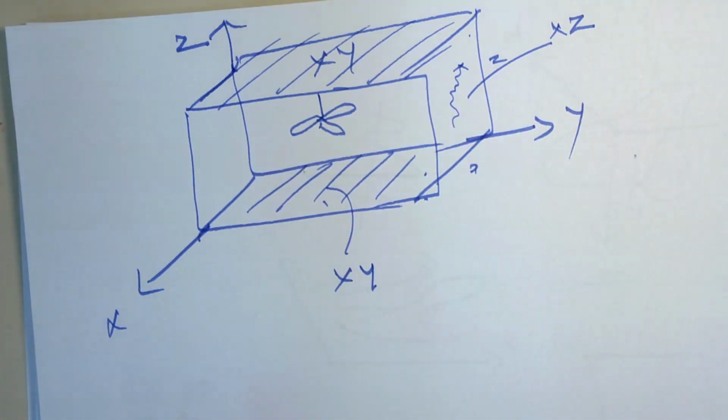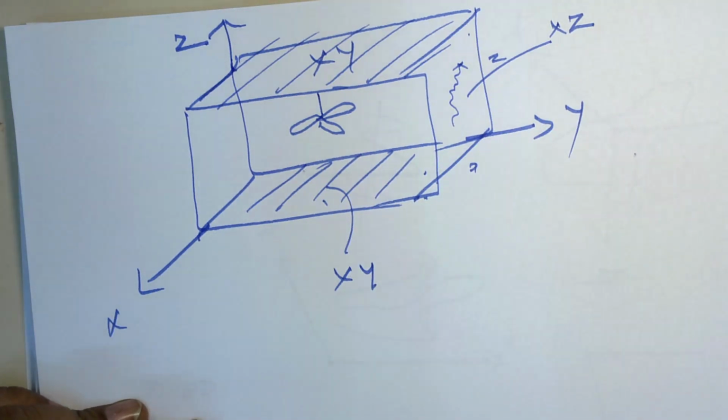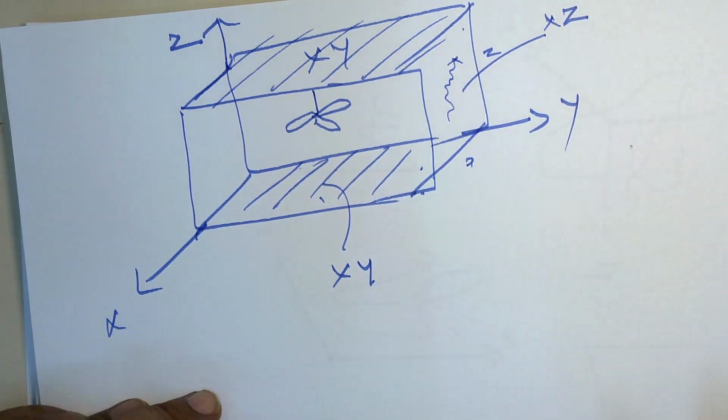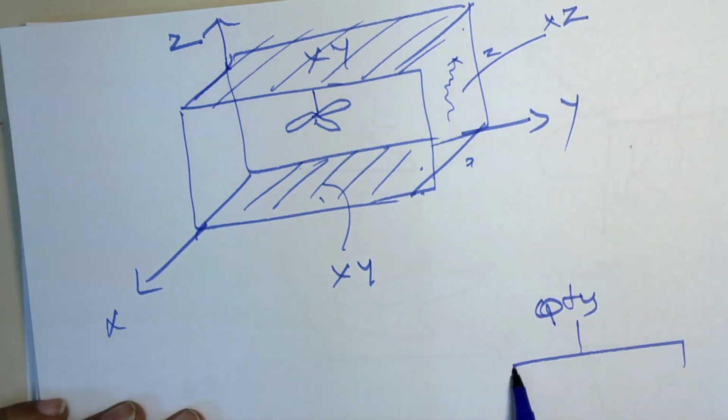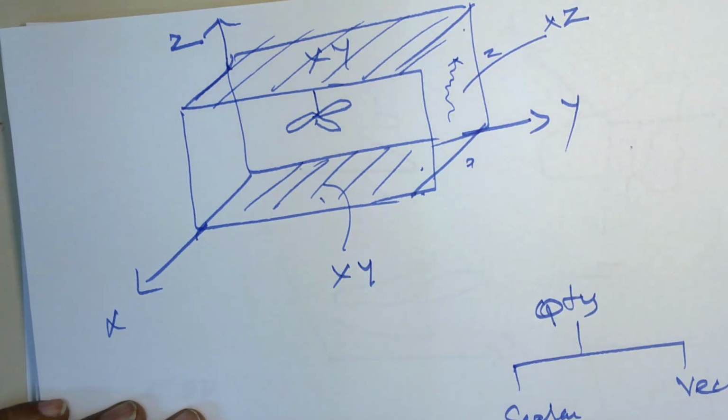Right. Now let me move to the next aspect. You now know about the quantities, and they are classified into two: scalar and vector. In scalar you have magnitude and no direction, whereas in vector you have magnitude and direction.